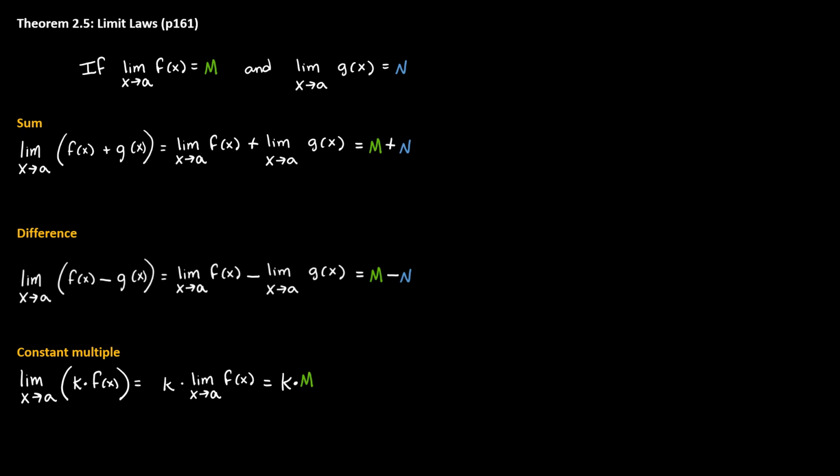Now one thing I really want to point out here is that I'm not immediately replacing f with m, and that's because f of x is not equal to m. The limit of f of x is equal to m. So I first have to separate the limit and apply it to each of the terms that I'm adding or subtracting together. And then I can do the substitution, where I pull out the entire limit of f and replace it with m.